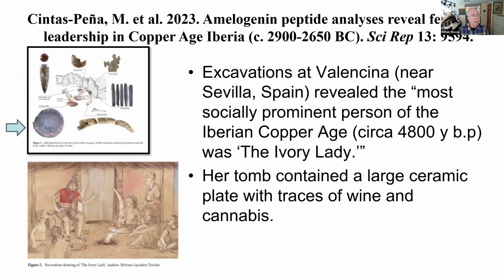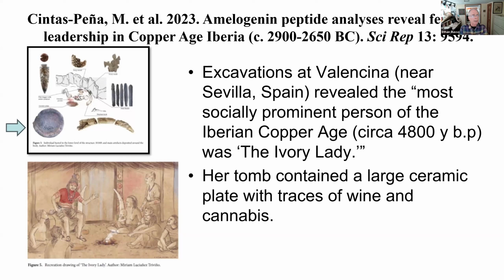This is a new reference. Excavations in Valencia, which is near Sevilla in Spain, of this woman in question who was said to be, quote, the most socially prominent person of the Iberian Copper Age. She was called the Ivory Lady, and that was almost 5,000 years before the present.